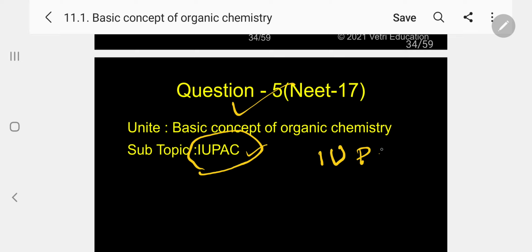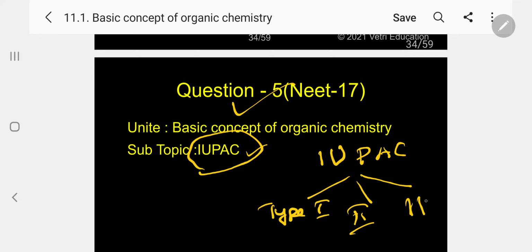This method of discussion is not given in any book. Only I am giving it this way: type 1, type 2, type 3. What is the meaning of type 1? Type 1 is nothing but alkane without any functional group.